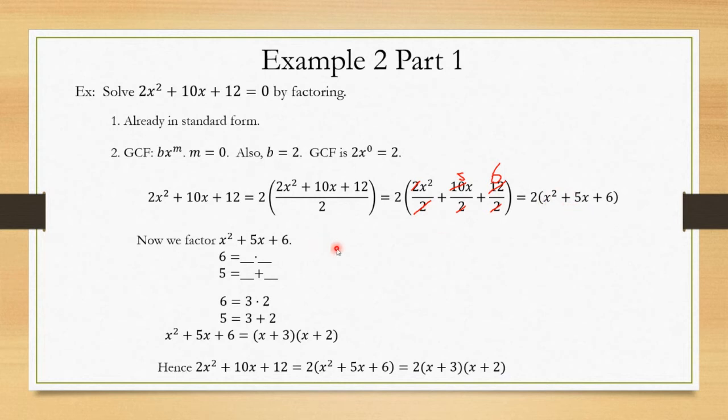Notice we have a trinomial, meaning there are 3 terms, and it's degree 2. The leading coefficient is 1. So we want 2 numbers whose product is 6 and whose sum is 5.